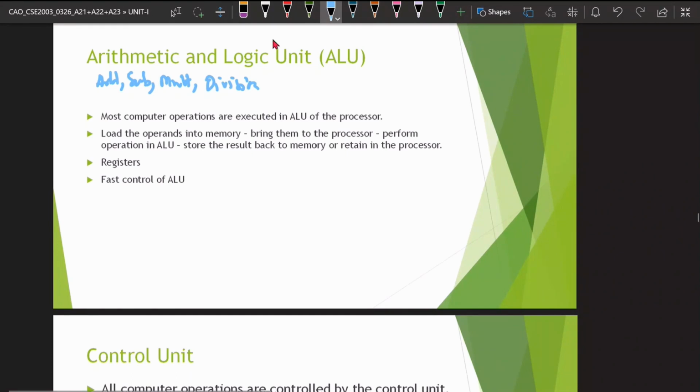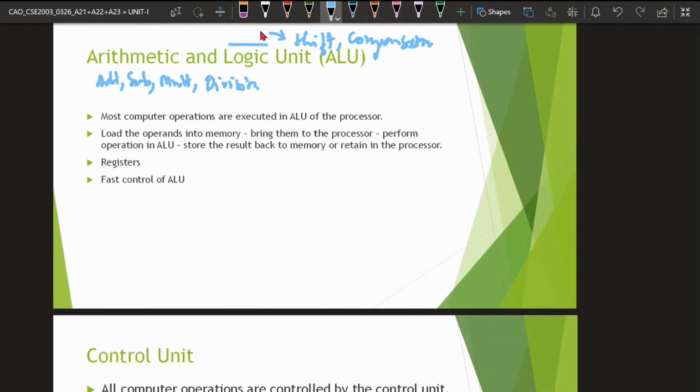And the logical operations are like shift operation or comparison. All these operations are done in the logic unit.